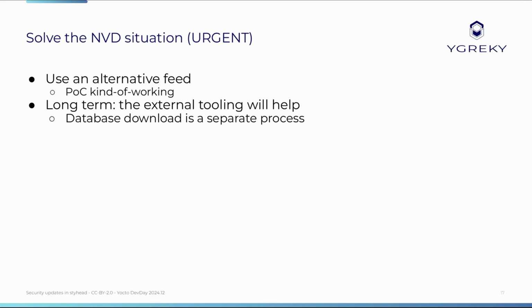So it's going to come very soon now, and in the long term, the external tooling with a different way to download databases is going to help because it's separate. It can run somewhere, and we can even mirror databases.